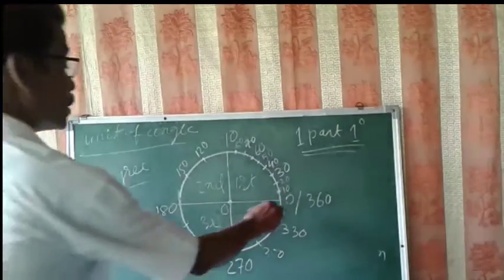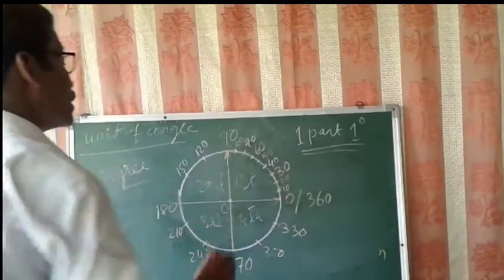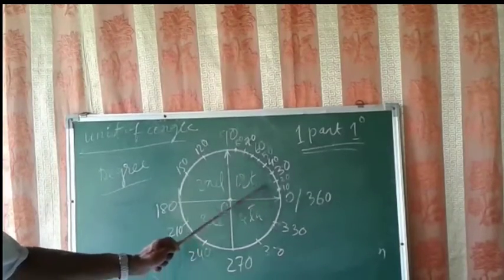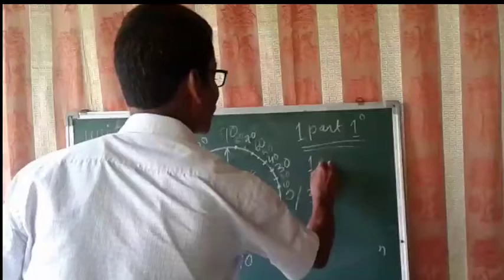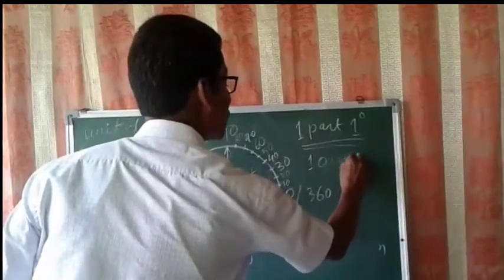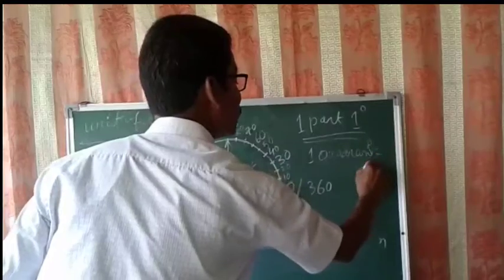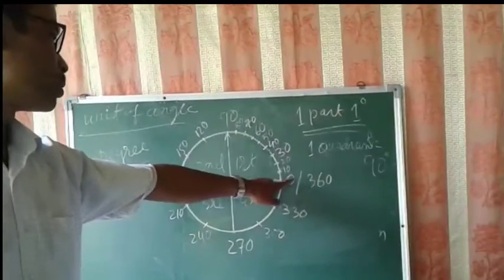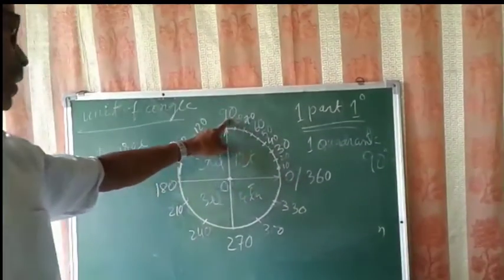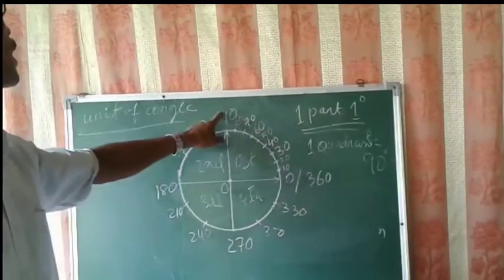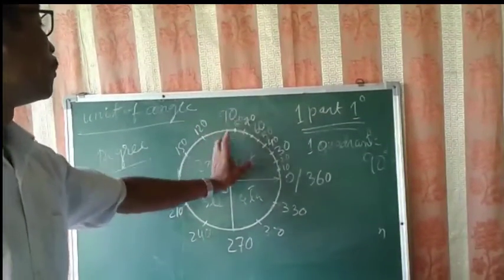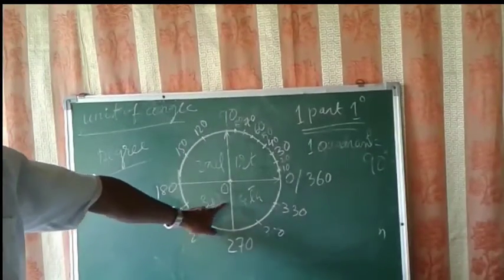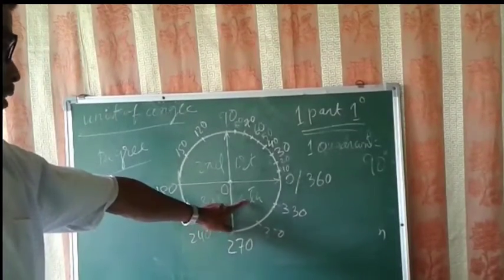Between two radii, this part is 1 quadrant, and 1 quadrant is equal to 90 degrees. Here is O. From here to there is 90 degrees. This quadrant 90 degrees, second quadrant 90 degrees, third quadrant 90 degrees and fourth quadrant also 90 degrees.